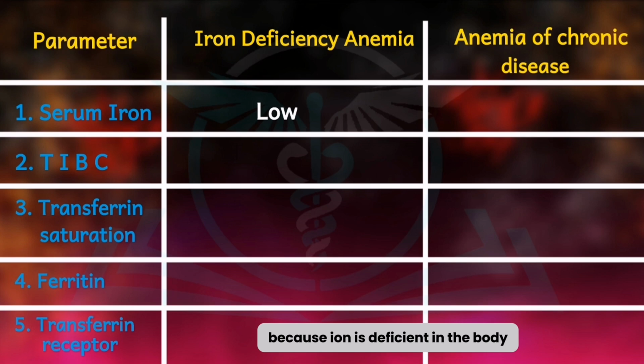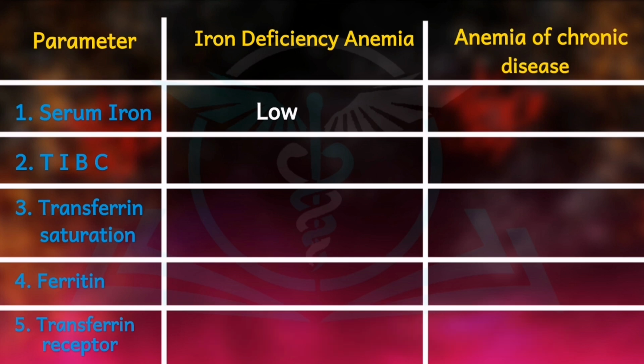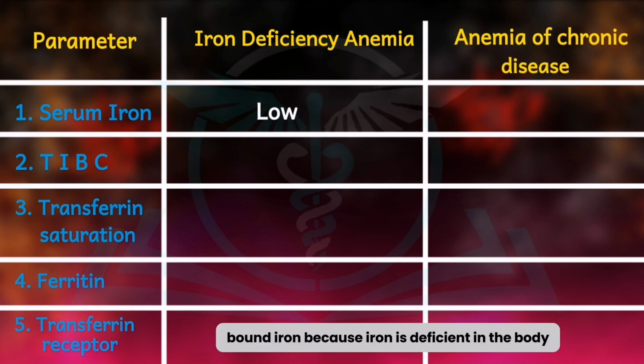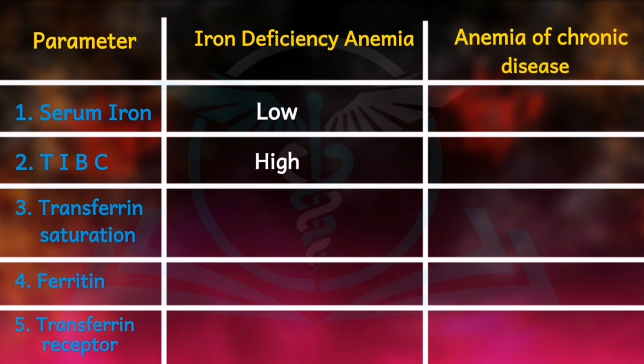Because iron is deficient in the body, the transferrin circulating in the circulation is free of what? Bound iron. So you realize that those transferrin circulating, they are hungry for iron. So because of that, they have a high iron binding capacity.